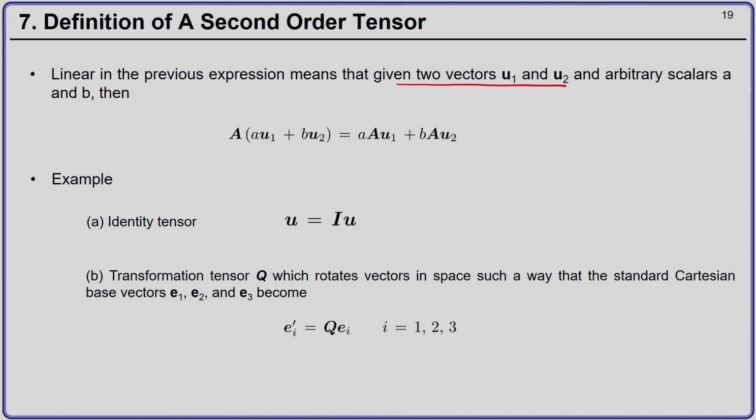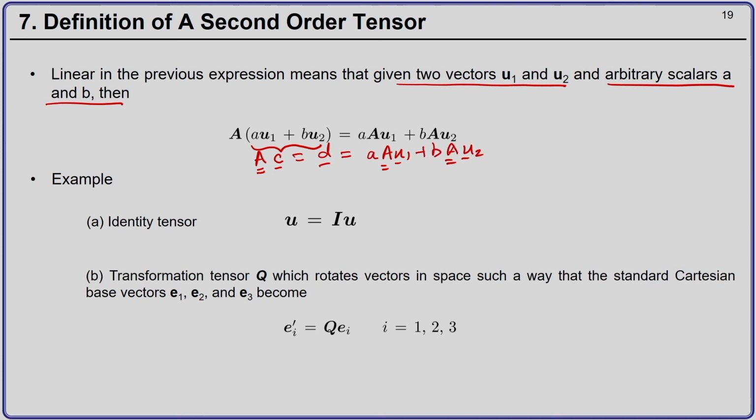Similarly, a linear mapping is a mapping such that, given two vectors u1 and u2 and arbitrary scalars a and b, the resulting vector obtained by taking the linear combination of u1 and u2, given by a u1 plus b u2, let us say c, when this vector c is mapped through this tensor A, you get another vector d, and this vector d will be the same as a times A u1 plus b times A u2.